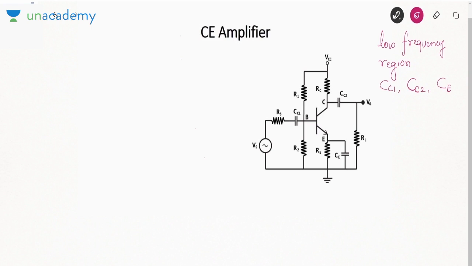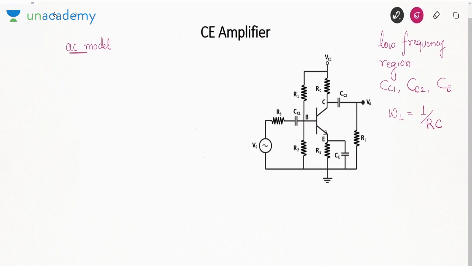And I have also told you that the cutoff frequency is given as 1 by RC. That means if I know the capacitance, I just have to figure out the resistance and I can find the cutoff frequency. Before going further, first I will derive the AC model of this common emitter amplifier.